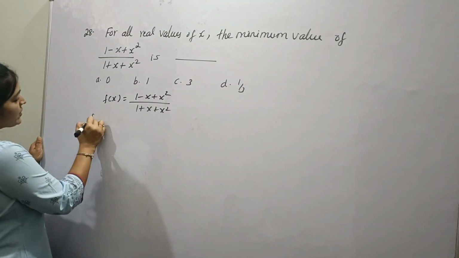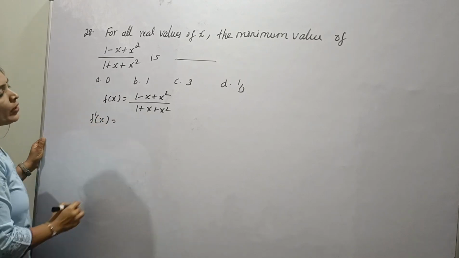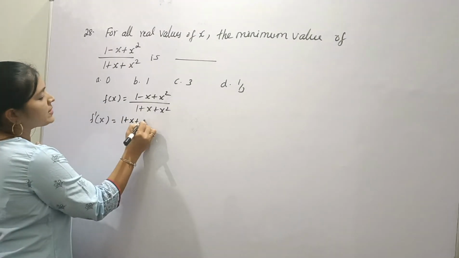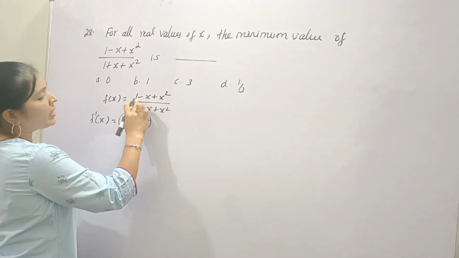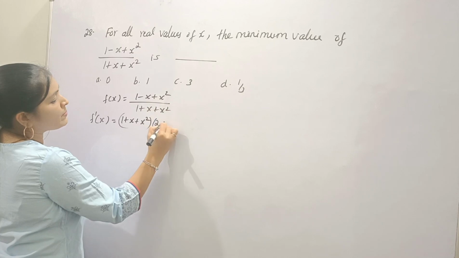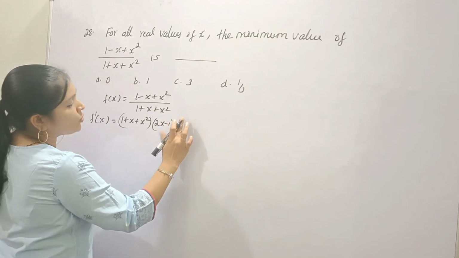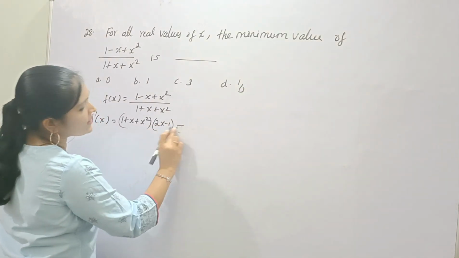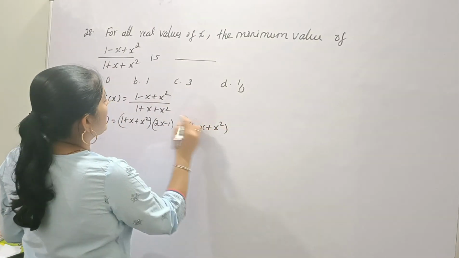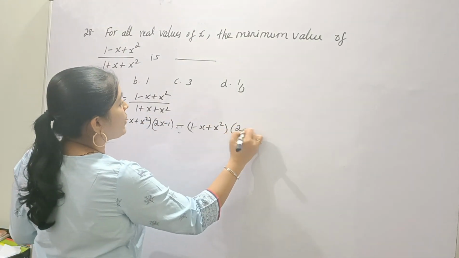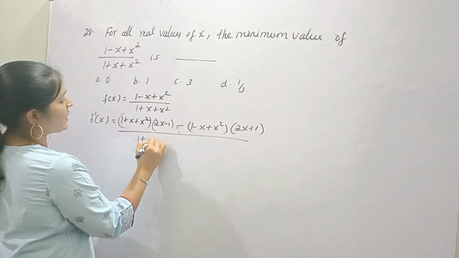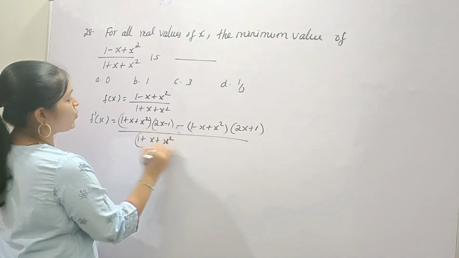So for that let's find f dash of x. Apply the quotient rule: 1 plus x square into the derivative of 1 minus x plus x square, which is 2x minus 1, minus 1 minus x plus x square into the derivative of 1 plus x square, which is 2x, divided by 1 plus x square whole square.